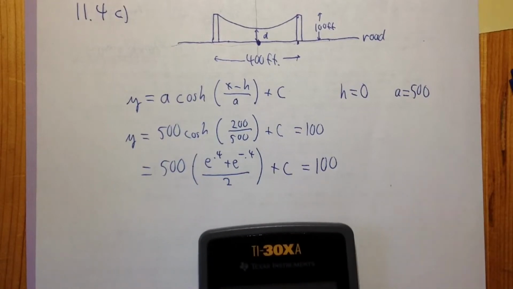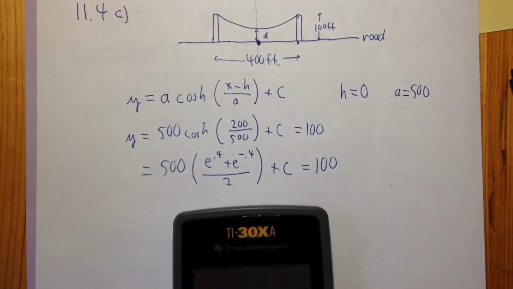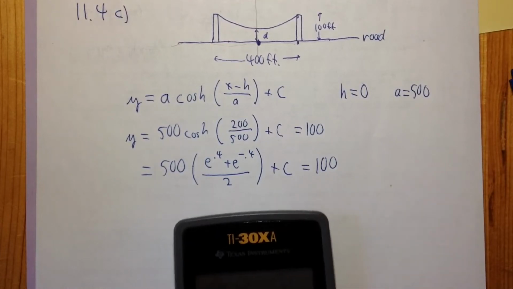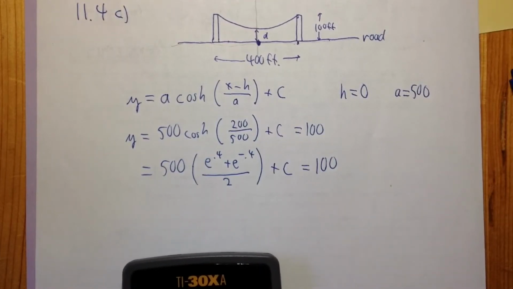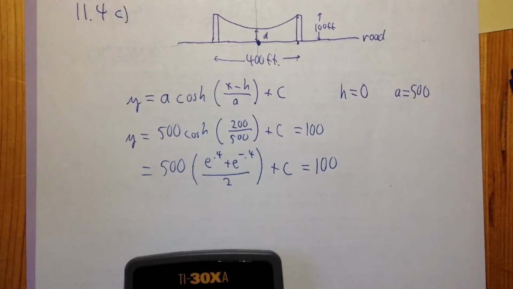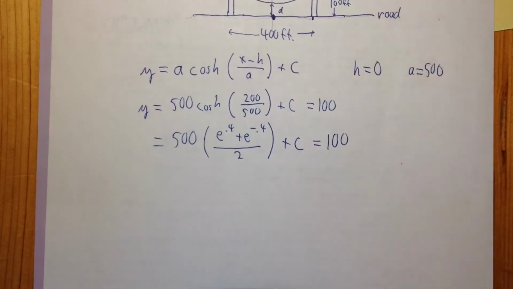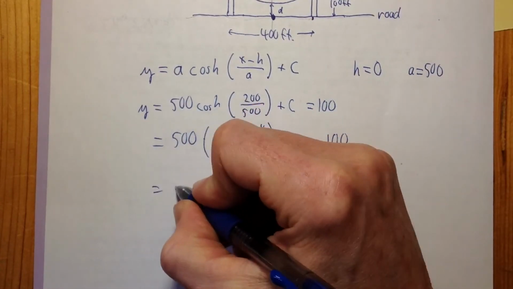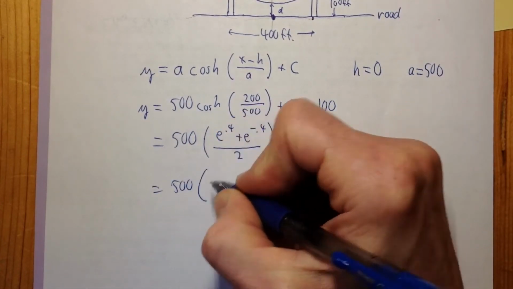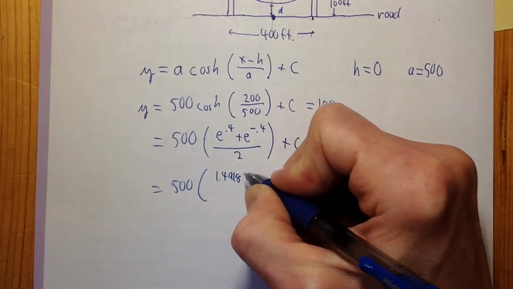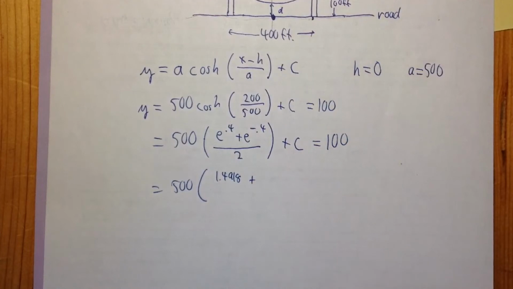So I'll do that right here. I'm going to show all my work to make sure I don't make a mistake. So this is 500 times e to the 0.4. I got 1.4918 plus e to the negative 0.4.